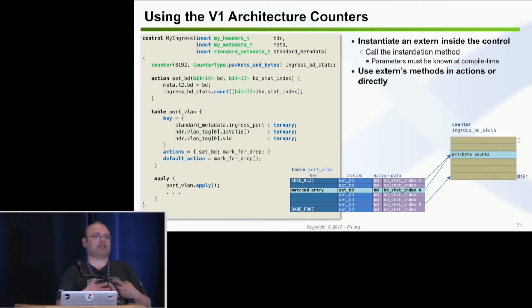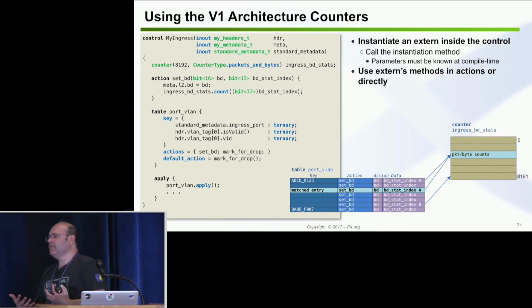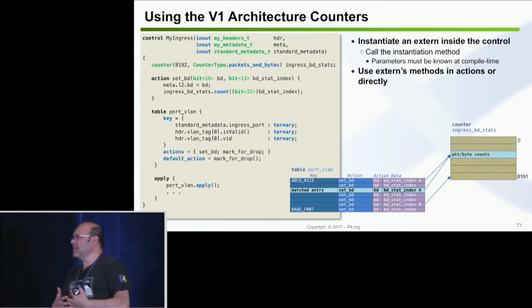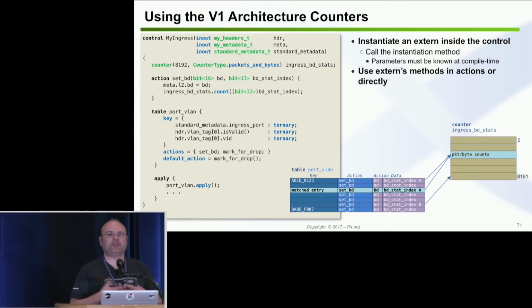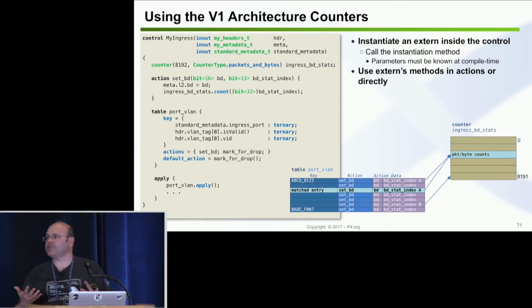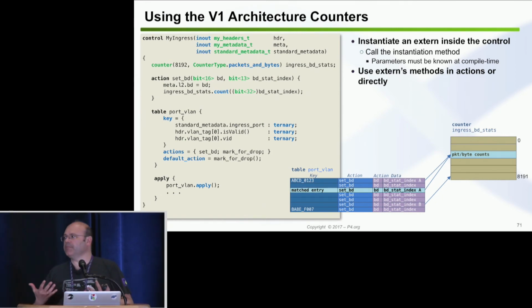So basically you get a flexible scheme. The index of the counter, in this case, came from the action data, but it could be computed using any kind of formula. So only your fantasy is the limit to what you can do with that simple extern.